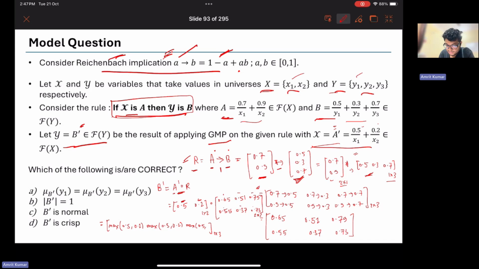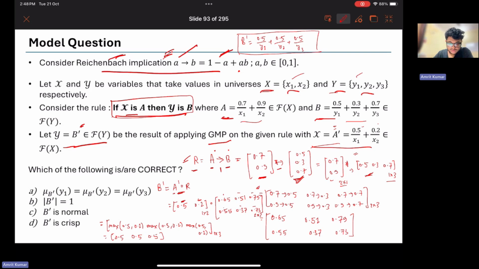And minimum of 0.2 and 0.73 is again 0.2. So what we end up getting is 0.5, 0.5, 0.5. Or in other words, the output fuzzy set B dash has membership 0.5 for all the elements of universe Y. So this is your output fuzzy set.